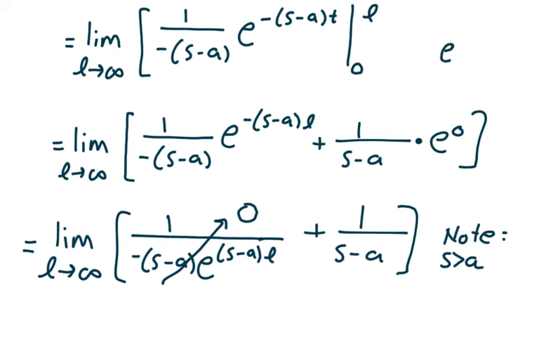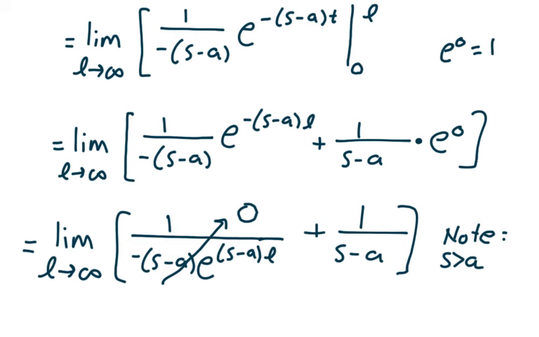But remember, e to the 0 is 1. And so this is the limit as L goes to infinity of 1 over negative of s minus a e to the negative quantity s minus a times L plus 1 over s minus a.